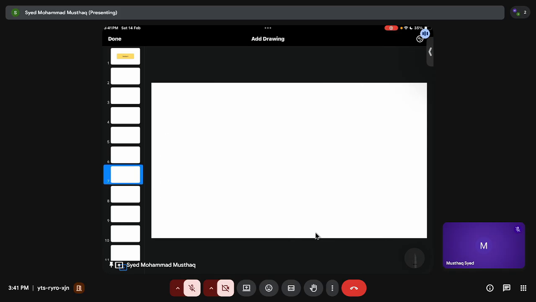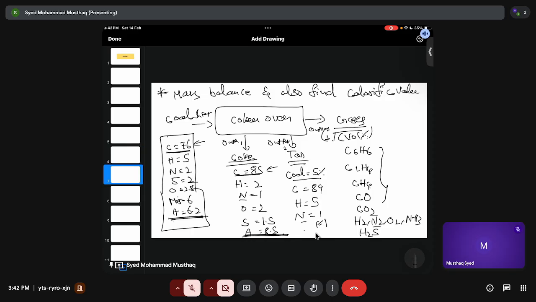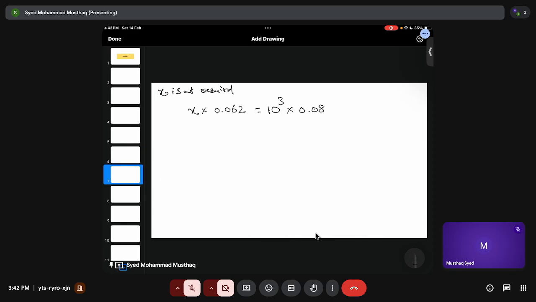So what is my input? Let's say x is my weight required. So x times 6.2%, that is 0.062, equals how much coke we finally need? We need 1 ton times 8.5%, that is 0.085.